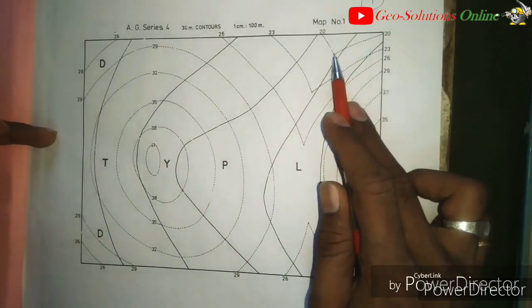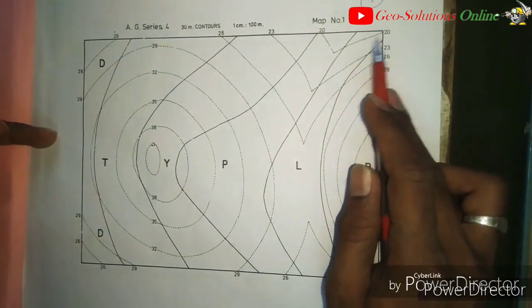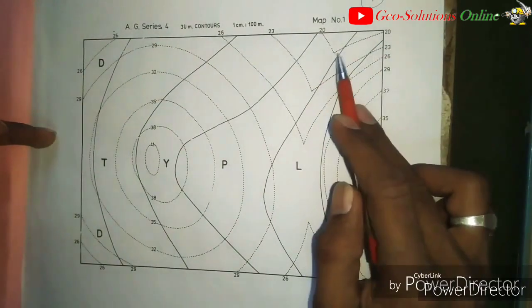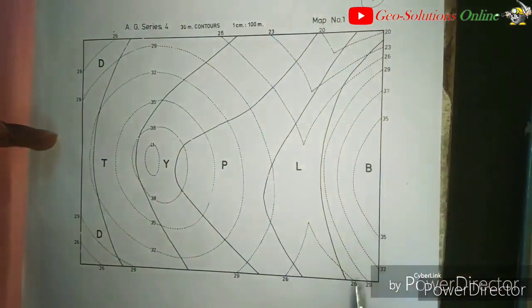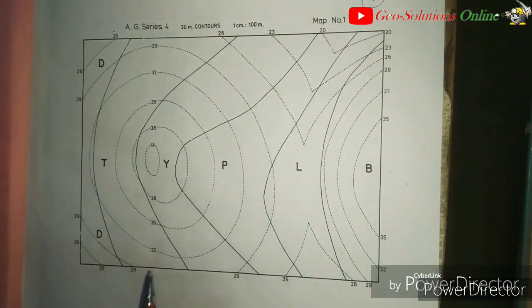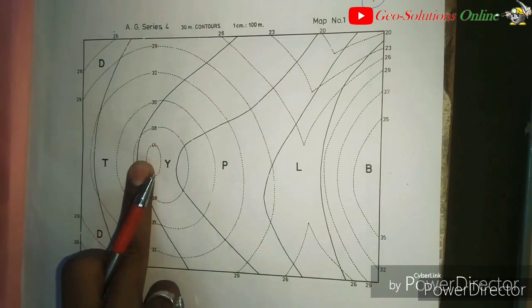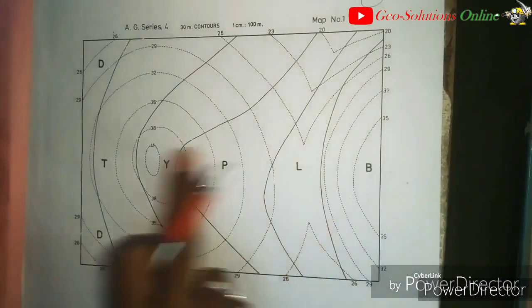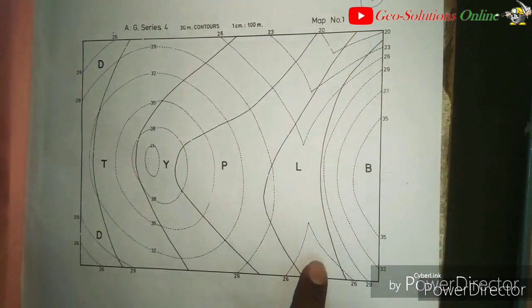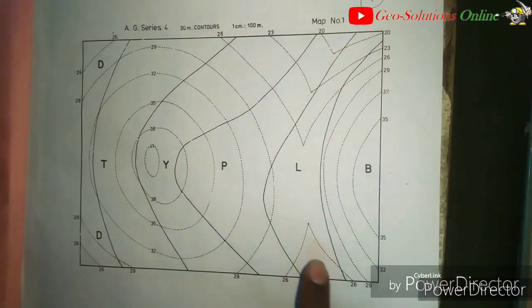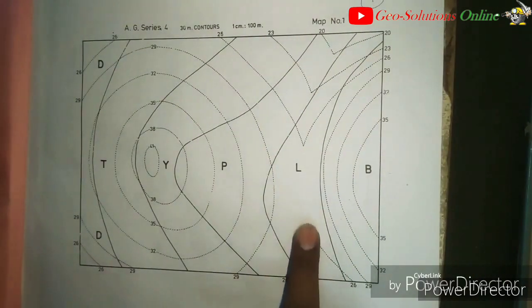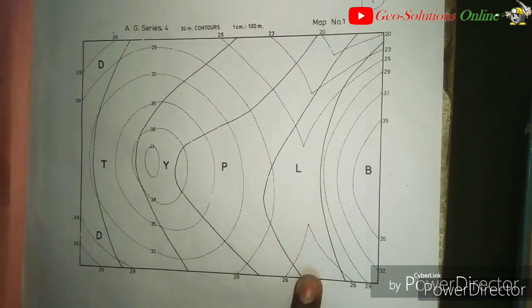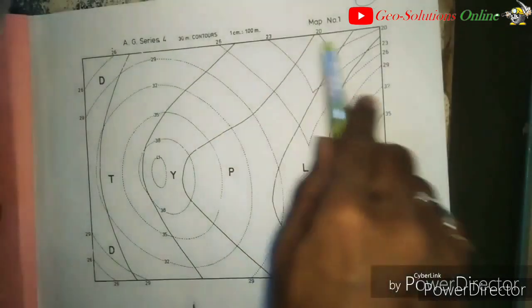These contour lines make a V shape because there is a valley on this side of the map and a second valley on this side, because this map contains one isolated hill and a portion of another isolated hill, and these isolated hills give rise to valley number 1 and valley number 2. If a map contains two valleys running in opposite directions, this portion is known as a saddle.